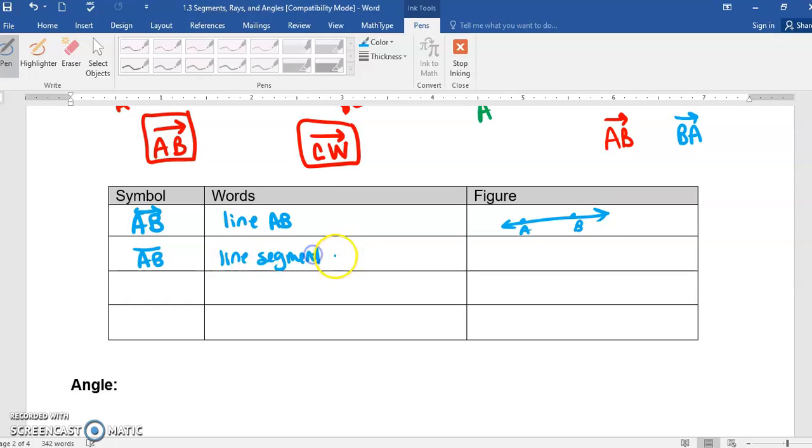Line segment AB has two distinct endpoints. Doesn't matter where these are, but ray AB has a fixed endpoint at A and goes through B.